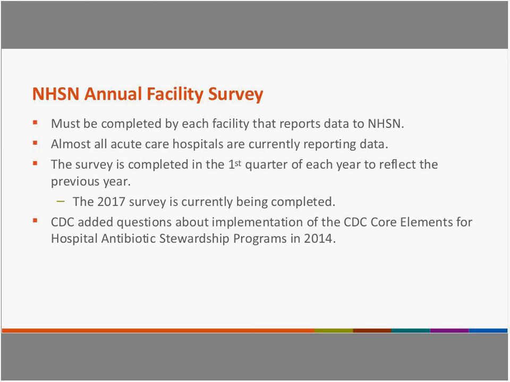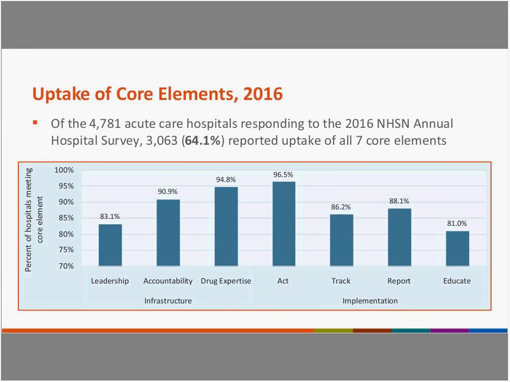So we now have 3 years worth of data, 2014, 15, and 16, on implementation of the core elements in U.S. hospitals. And many of you saw the journal article that we're talking about today, which was, of course, the publication of the survey results.